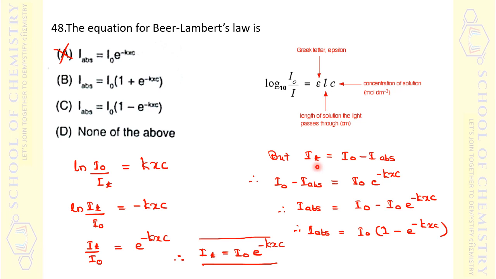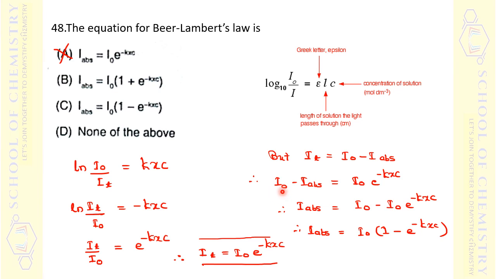So if I replace this IT with I naught minus I absorbed, what we get here is I naught minus I absorbed in place of IT. This part remains the same, I naught into e raised to minus kxc. Now we can go for further mathematical simplification.